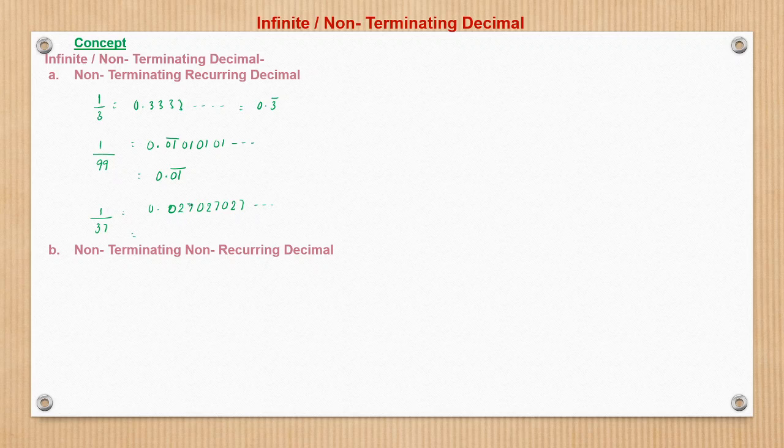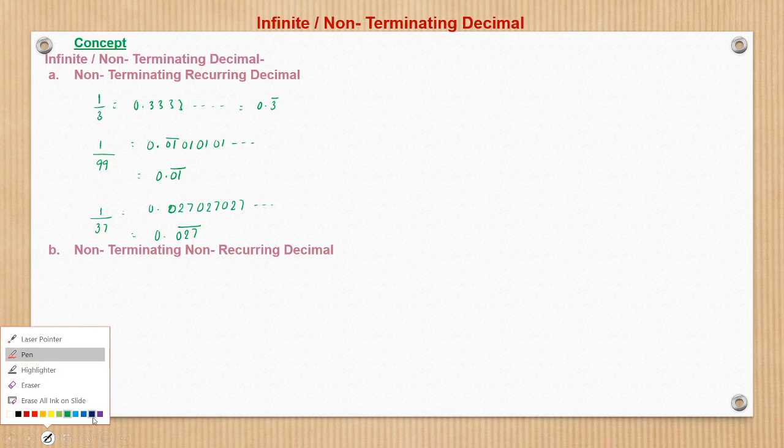So here we see 027 is repeating. This way we can write it with a bar. So basically this is a non-terminating recurring decimal, where the digits repeat and the number of digits after the decimal is infinite.